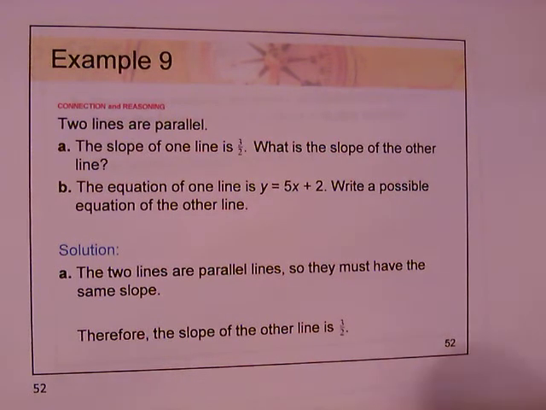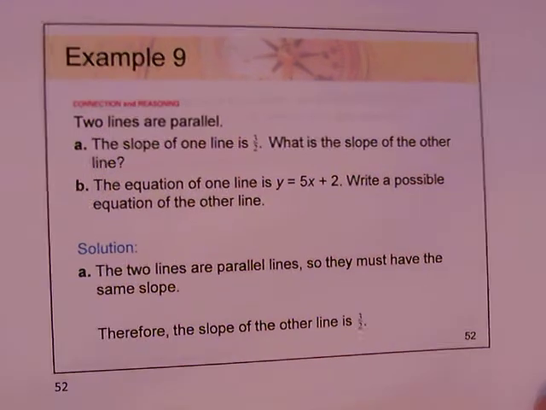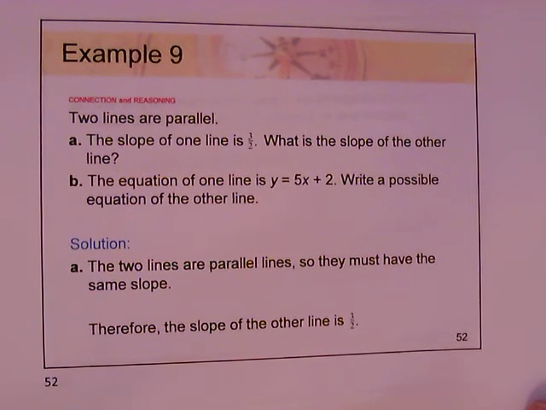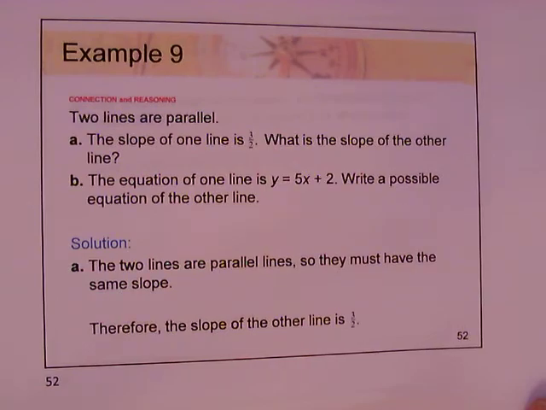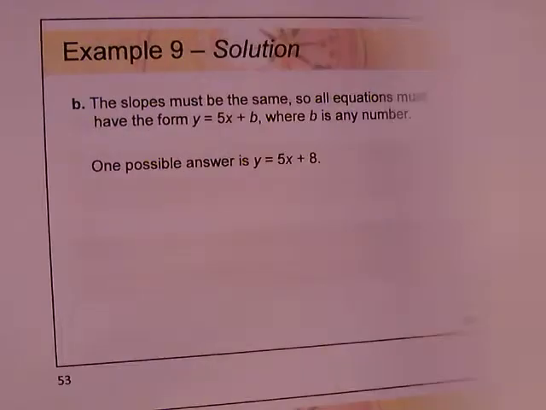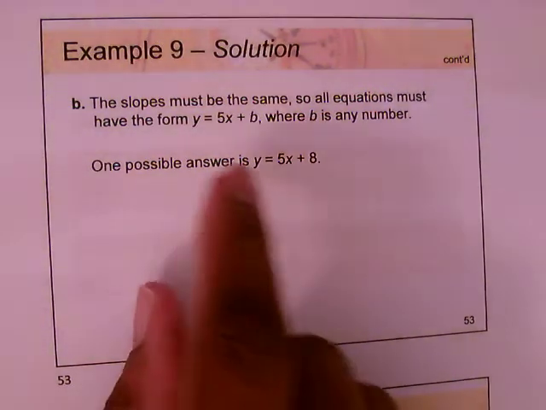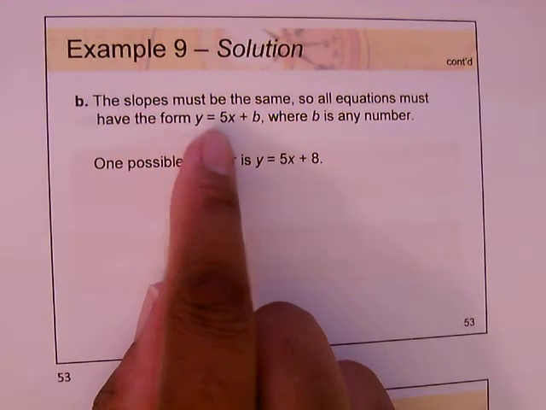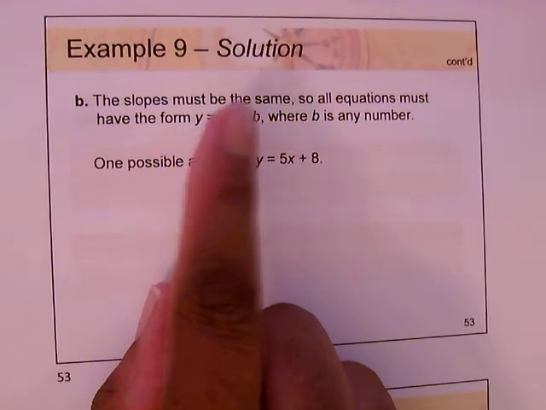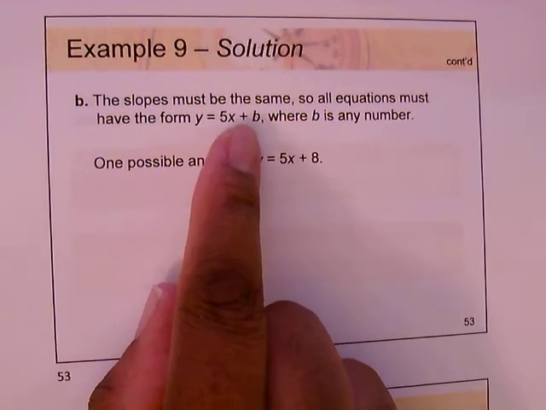Now part B, you're given the equation of one line, y equals 5x plus 2, and I want to write a possible equation for the other line. Well, the slope in part B was 5. That's the coefficient of your x term. That would mean all the equations must have this form: y equals 5 times x, where 5 is your slope, plus some b.